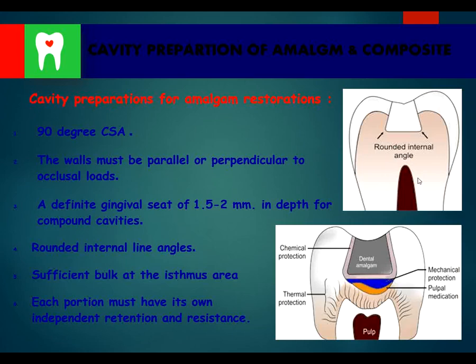A definitive gingival seat of 1.5 to 2 mm in depth for compound cavities. Rounded internal line angles. Sufficient bulk at the isthmus area. Each portion must have its own independent retention and resistance.